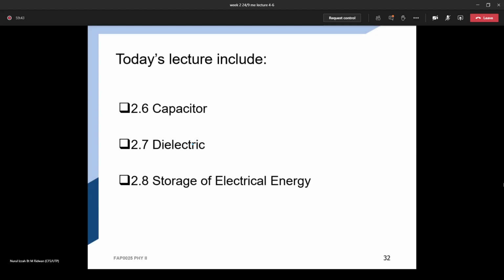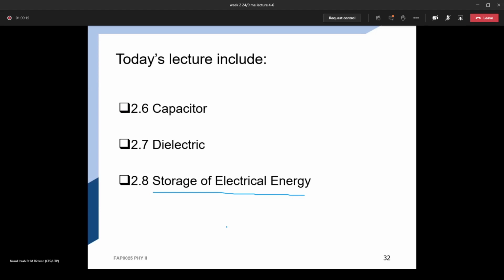In order for us to study the capacitor, we know that a capacitor is a small element that stores energy. In order to enhance the capacitor, we can insert a dielectric. I will explain dielectric later. As I said just now, the capacitor has the function of storing electrical energy. This is the function of a capacitor. Why do we need a capacitor?